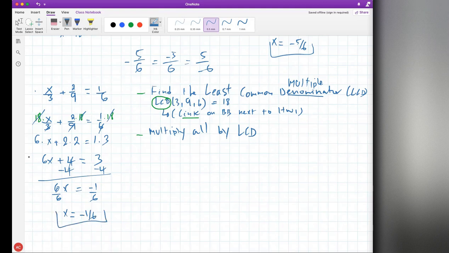The important part is basically canceling all the fractions using the common denominator. So find the LCD, we did. Multiply all by the LCD: just put the LCD next to each fraction. And third step, reduce the fractions.